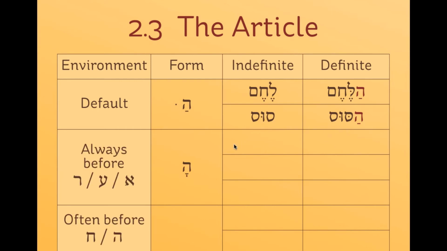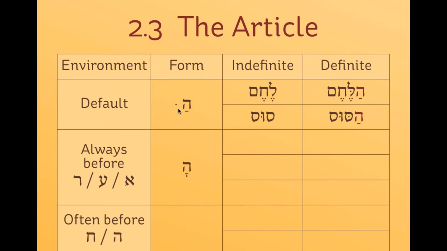Now, there's some variation with how the Masoretic scribes wrote the article, but there's no variation in how the article is pronounced. It's always pronounced ha. This is just to introduce you to the fact that it could be written slightly differently. And the difference in the article is caused by 5 letters that do not take a dagesh chazak.